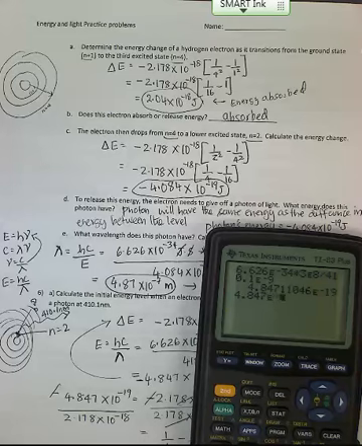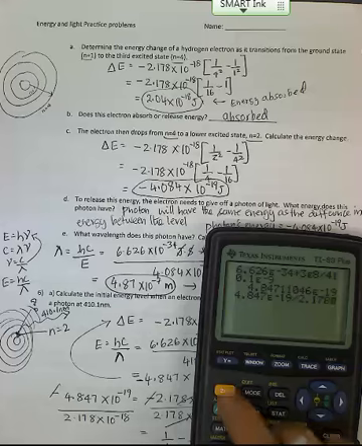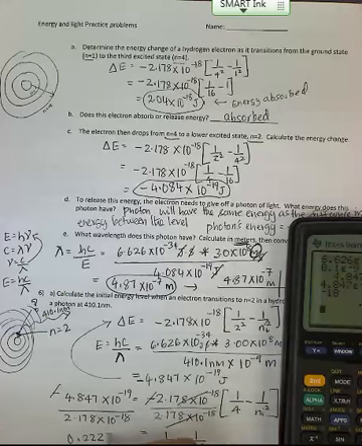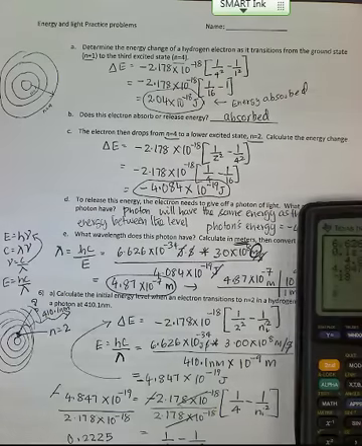4.847 to the power of negative 19 divided by 2.178 to the power of negative 18. I get 0.2225, and that equals 1 by 4 minus 1 by n squared.